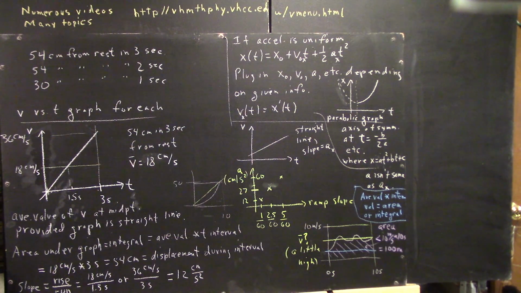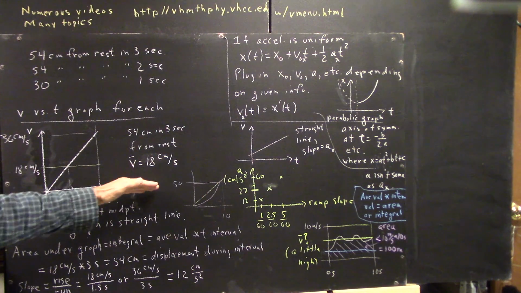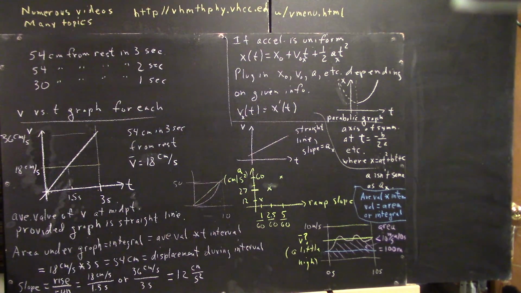Well, you can't label 54 centimeters on this graph, although 54 centimeters is one of the characteristics of this graph. It's not really something you can directly label. And you have to know what it is to label it. So we're going to see what it is, but right now, that's not a v quantity, that's not a t quantity, so it makes no sense to label it in the graph.